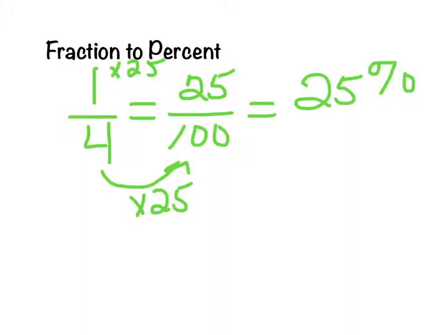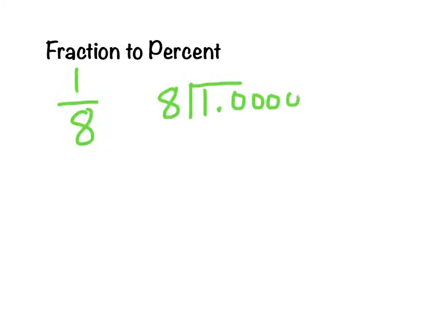That's one method. The other method is to take your fraction and convert it to a decimal. So therefore, let's say I have 1/8 and I want to know what percent 1/8 is. This time I'm going to convert it to a decimal. I'm going to do 1 divided by 8, add my decimal point and a few zeros, and then start dividing.